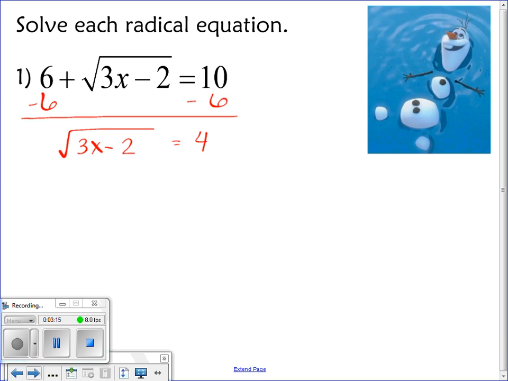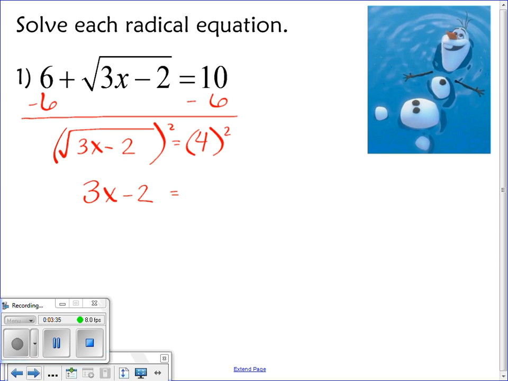But how do you undo a square root? You square it. So you're going to square both sides of the equation, because a square root and a square are opposites of each other, and they're going to cancel each other out. So this is going to be just 3x minus 2.